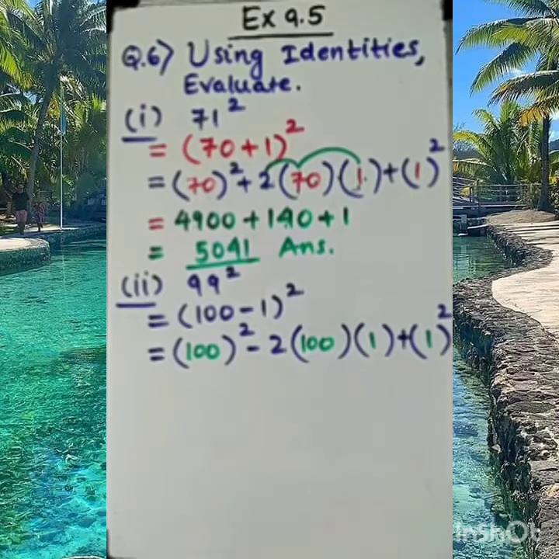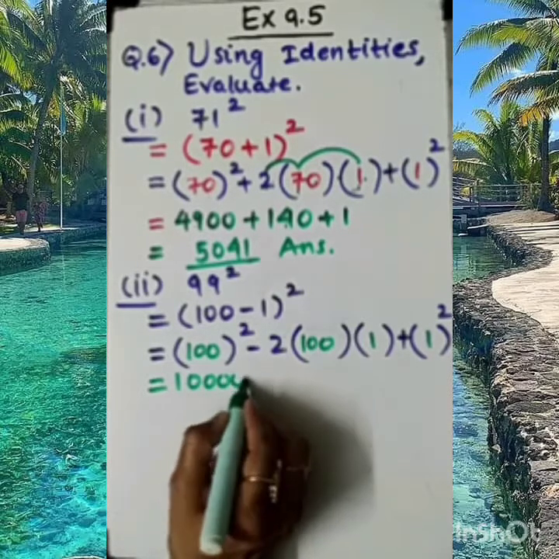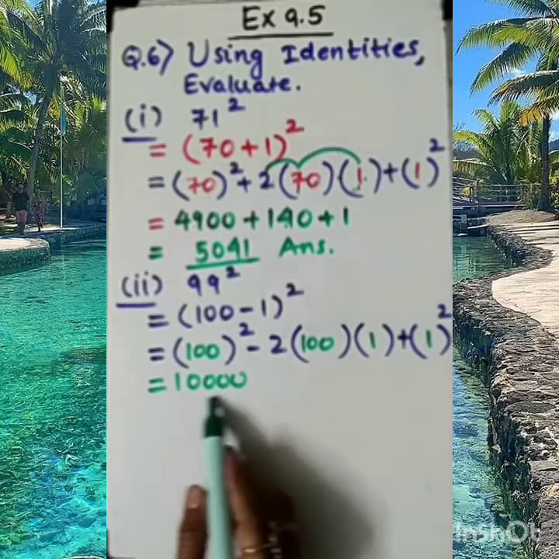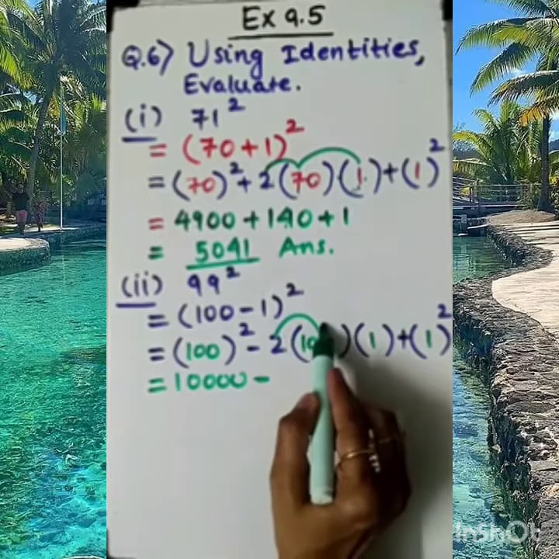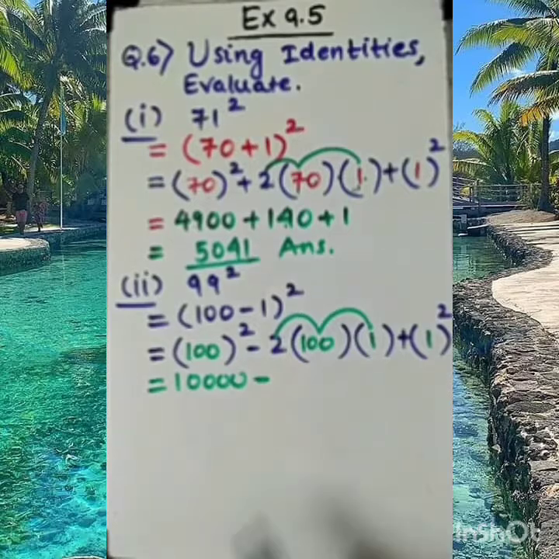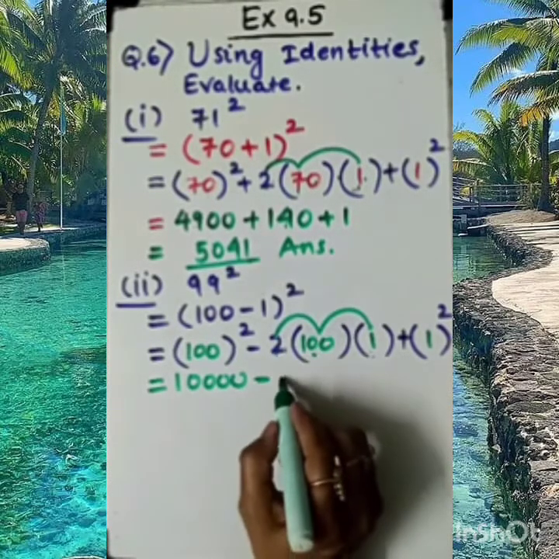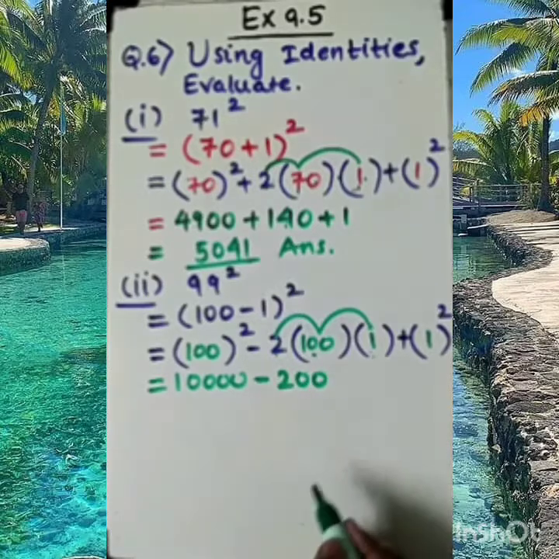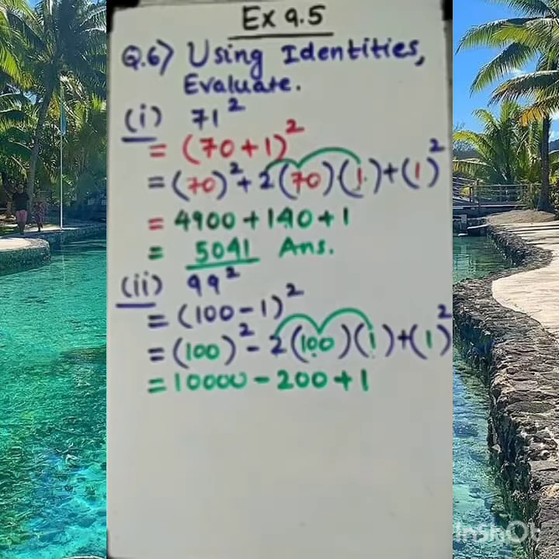That is 1. Let's simplify. What is the square of 100? We know the square of 100 will be 10,000. Here 2 zeros, so it will have 4 zeros. Minus the product of 2 into 100 into 1. 1 into 100 is 100, into 2 is 200. Plus 1 square, that is 1.